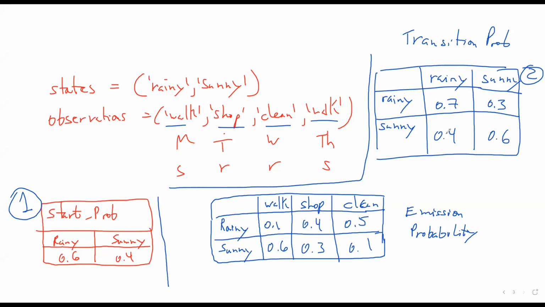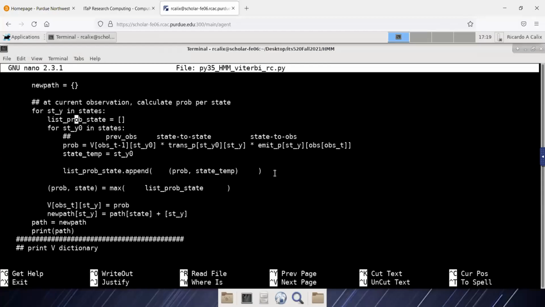We need to calculate this. Both loops go over the 2 states, but this second one allows you to create that. So now here we have the computation of the probability.